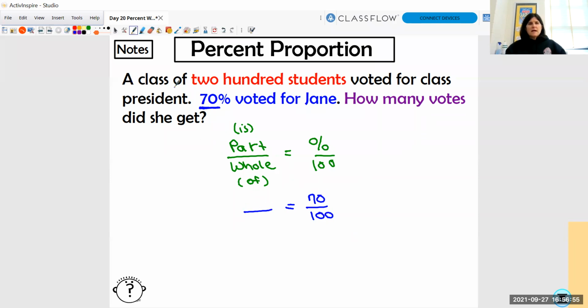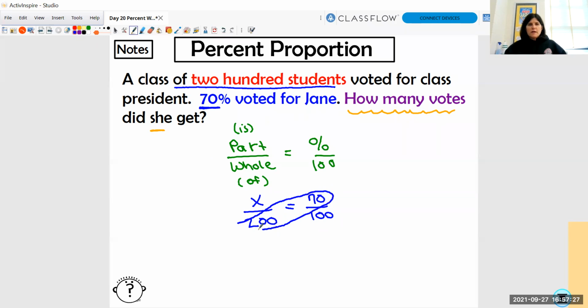And then it says a class of 200 students voted for class president, so they're telling me that we have 200 students total. And the question we're trying to find out, the missing part, is how many votes did Jane get? So we're missing our part, and 200 is our whole class, and how many of those students voted for Jane. So we're going to solve this just like we did yesterday.